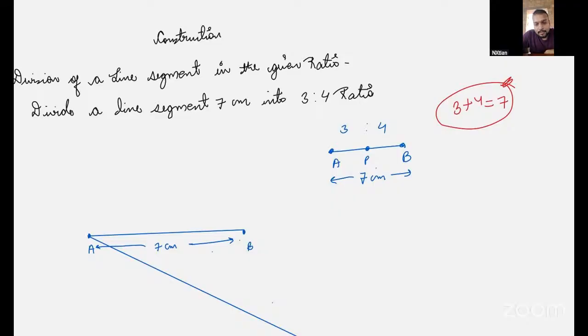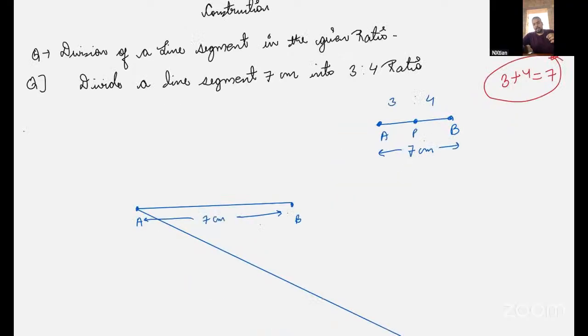You got my point? Lian, David, Christina, if it is in the ratio of 5:2, David, what will you do? 5 plus 2. Got it? So now, what is the answer you got? You got the answer as 7. So put the tip of the compass on the A point.